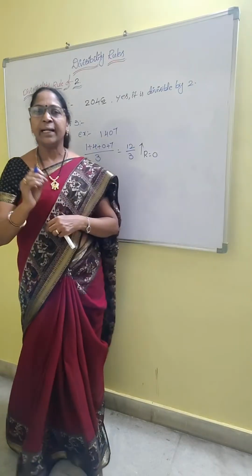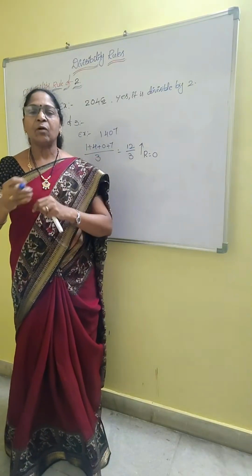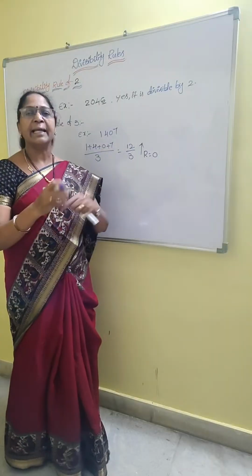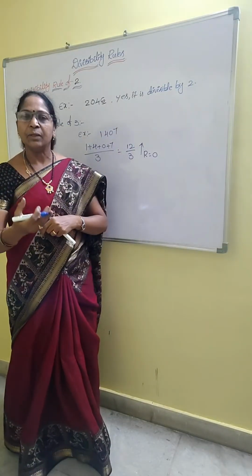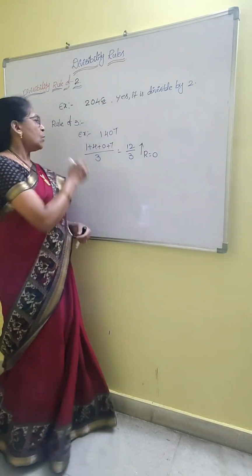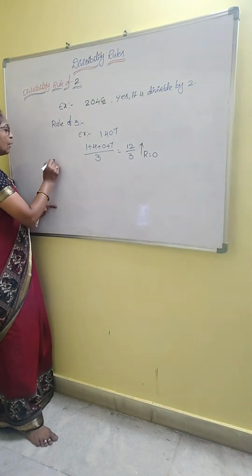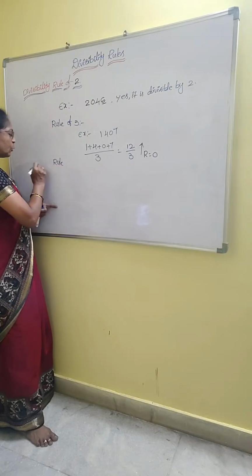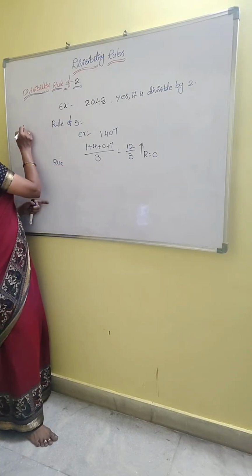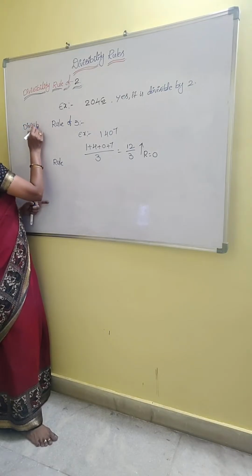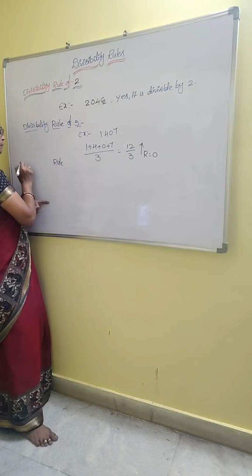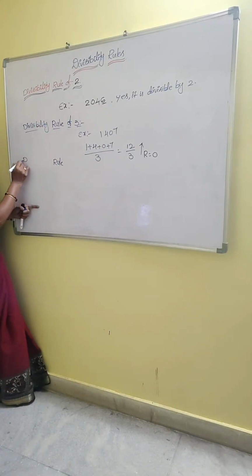Because 4 and 8 are similar topics, 3 and 9 are also similar topics, and 2 and 3 are related to the divisibility rule of 6. So next you have to find out the rule of 6. Rule means divisibility rules only. This is the revision, that is why I am telling. So divisibility rule of 6.